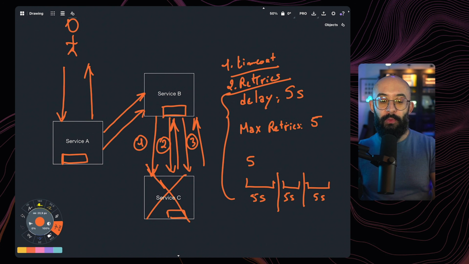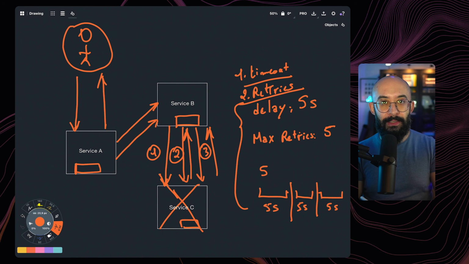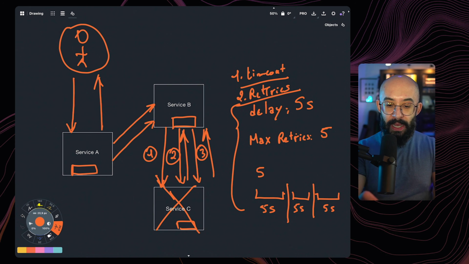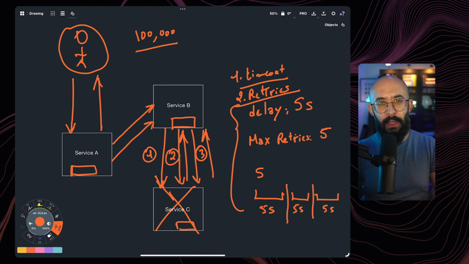Now, what is the problem with this? The problem with this trivial, very simplistic implementation, is that it's not only one user who's making requests. Maybe we have 100,000 users making requests to service A. What happens in that particular case?